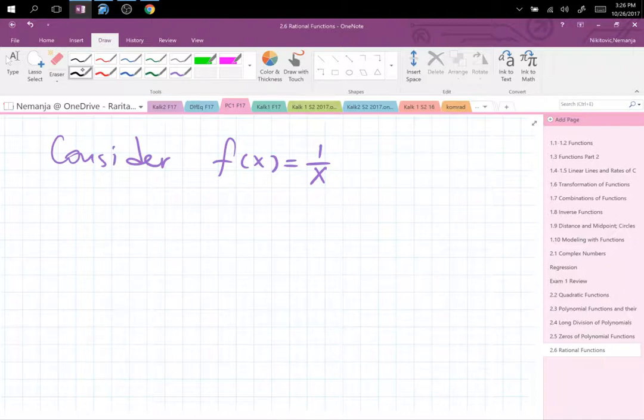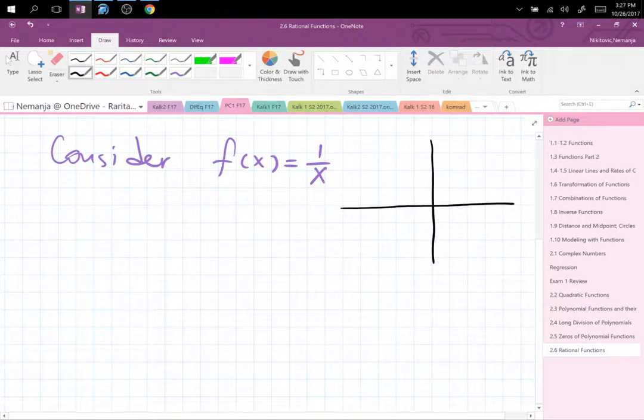So I believe earlier we had 7 of them, right, including absolute value, square root, linear line, constant line, x cubed, x squared. Now we are adding 1 over x as a basic function to be memorized, as we are going to shift it left, right, up, down, and do all of the cool stuff. So the basic graph for this function looks like this.